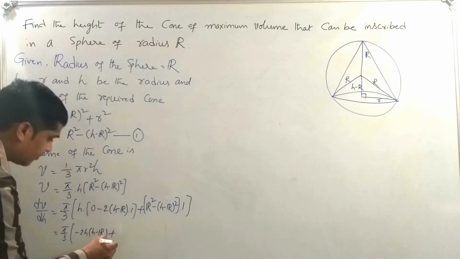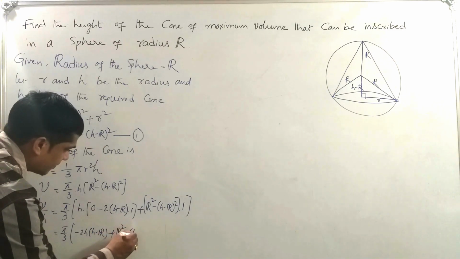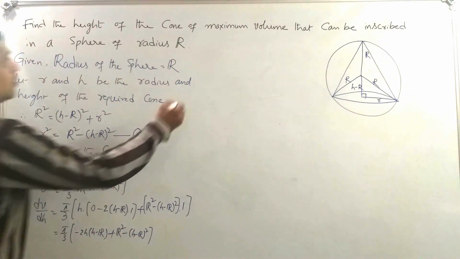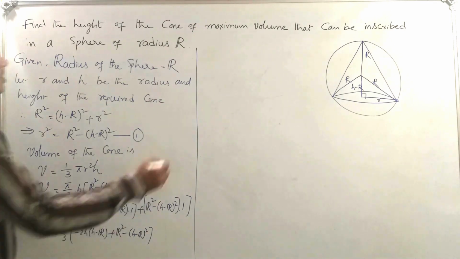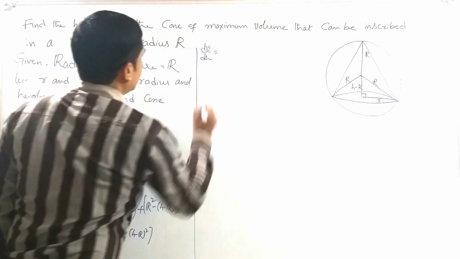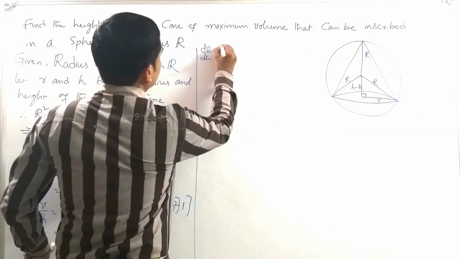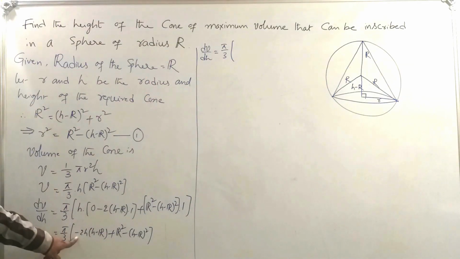If you multiply the same, you will get capital R square minus (h minus R) whole square. Now let me simplify still more. So dV by dh is equal to pi by 3 times minus 2h square.